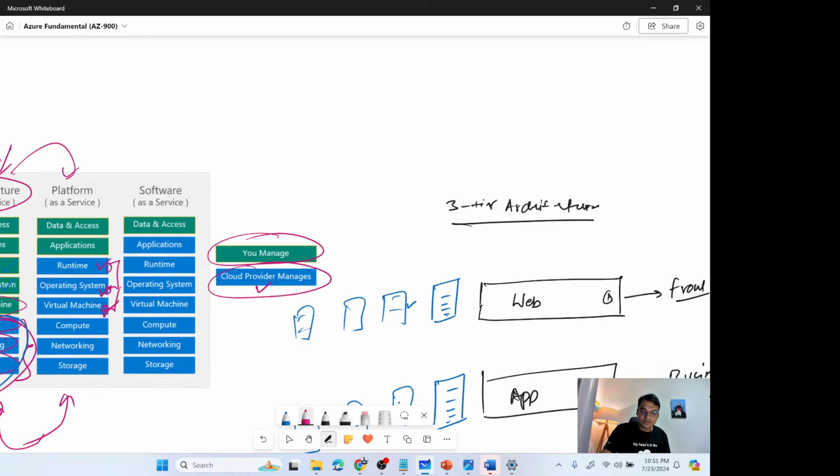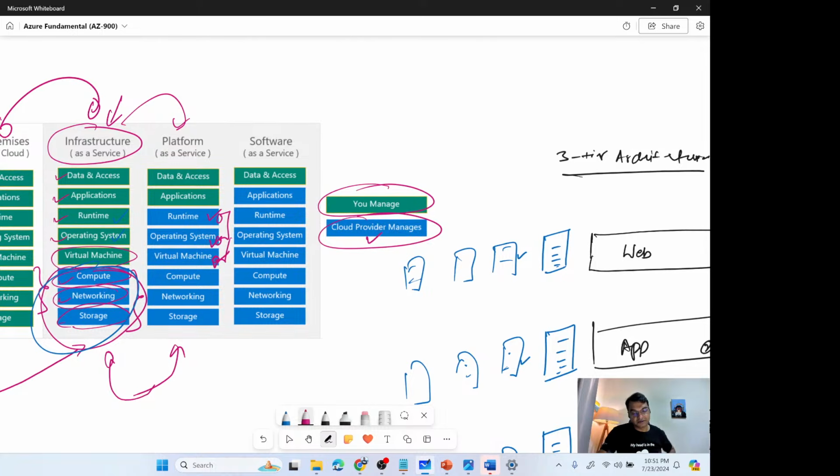And now software as a service is actually the third thing here. If you have heard about Office 365, if you have heard about OneDrive, all these are examples of software as a service. In the old days, we had to install everything on our machine.